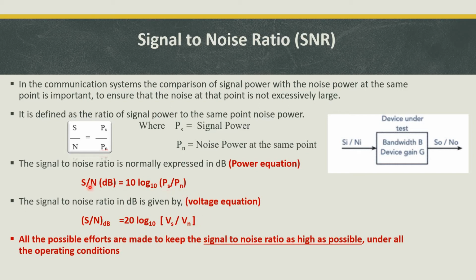In the power equation, signal to noise ratio in dB is 10 log base 10 of Ps, the signal power, divided by Pn, the noise power. In terms of voltage, signal to noise ratio in dB is 20 log base 10 of Vs divided by Vn.